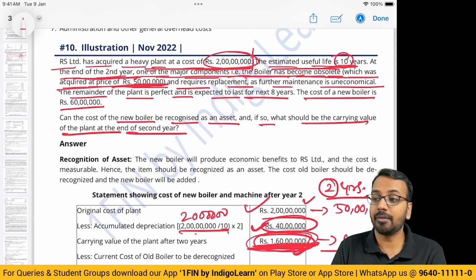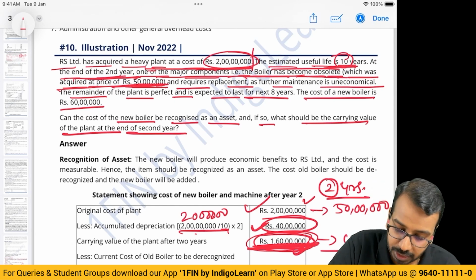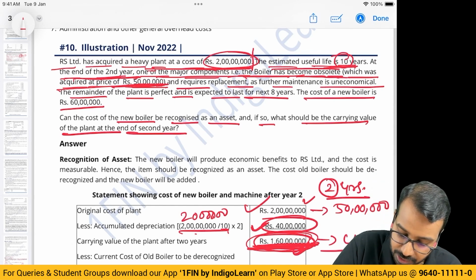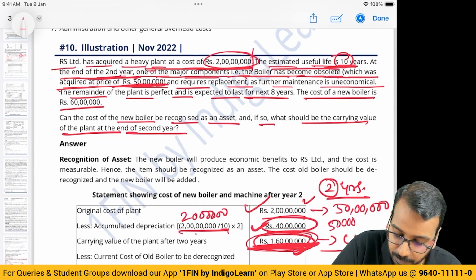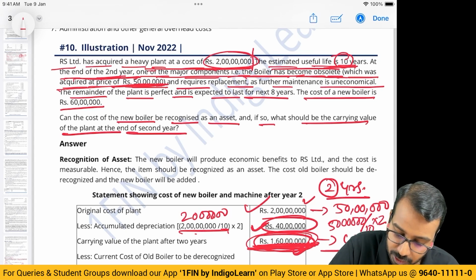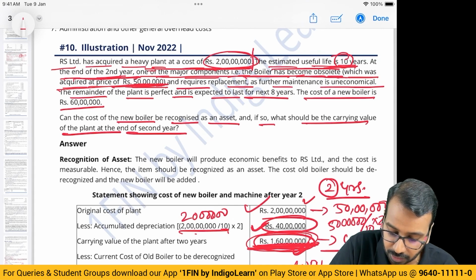Now, if I have 50 lakhs of boiler, I have used it for 2 years. How much is 2 years depreciation? 2 years depreciation is 50 lakhs divided by 10 multiplied by 2, 10 lakhs. So 50 lakhs minus 10 lakhs, 40 lakhs is the WDV of the boiler.